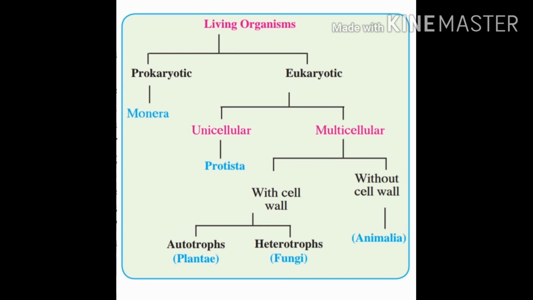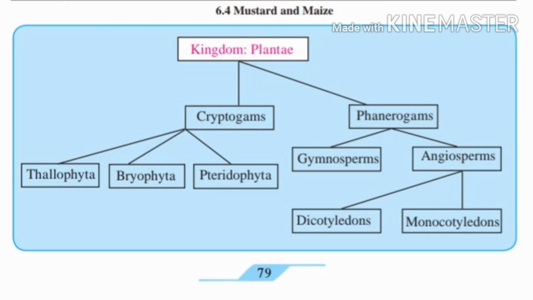The scientist Robert Whittaker classified all the living things on the earth into five kingdoms: Monera, Protista, Fungi, Plantae, and Animalia. So, dear student, today in this topic we are going to learn in detail the classification of plants.